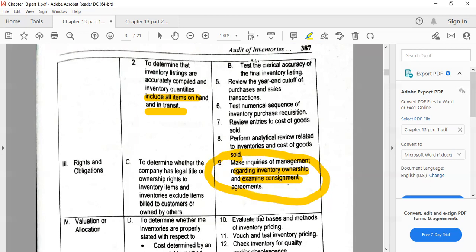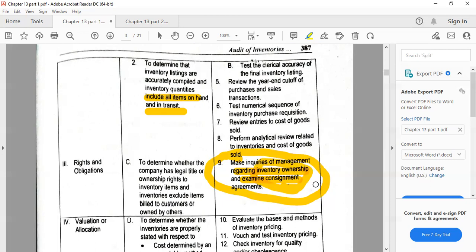If they are only a consignee, even if they have physical possession of the goods, the ownership is still vested in the consignor. The consignor is the one who reports it as the owner. So since we are a mere consignee, we will not include it in the balance of our inventory. So you also have to look for consignment issues when you deal with auditing problems related to inventories.